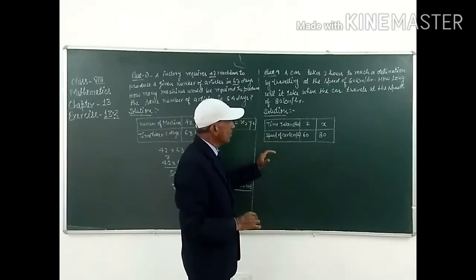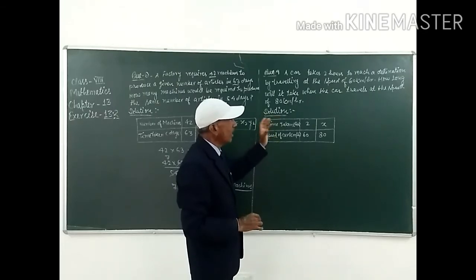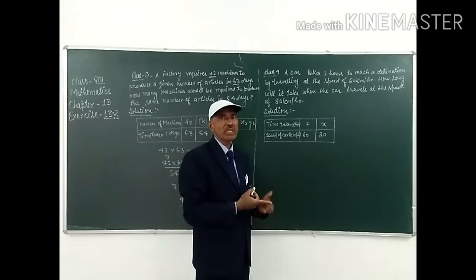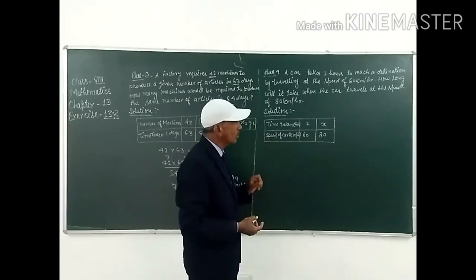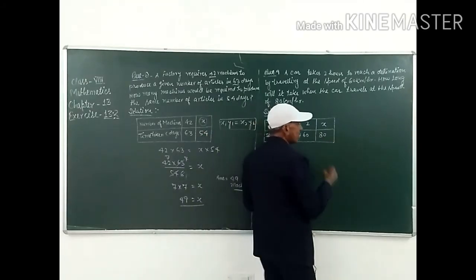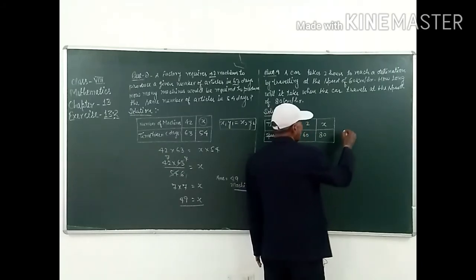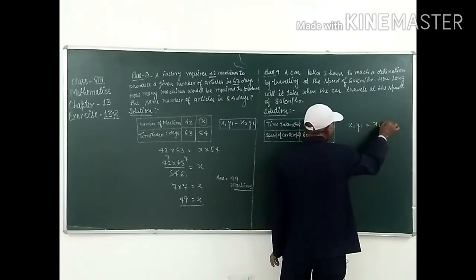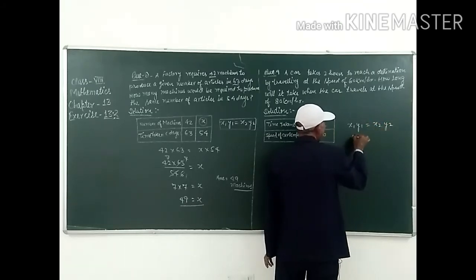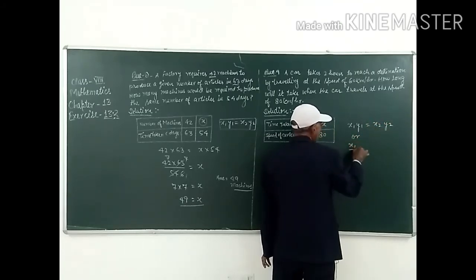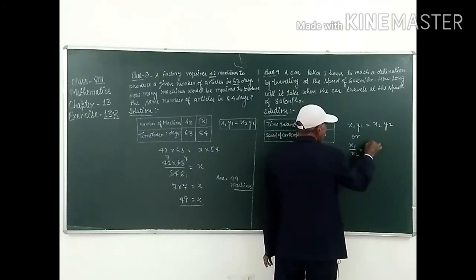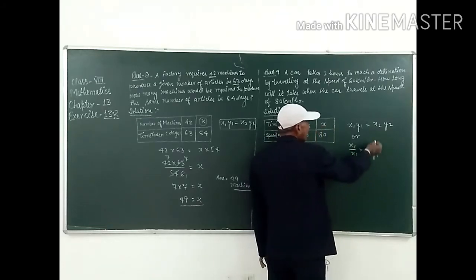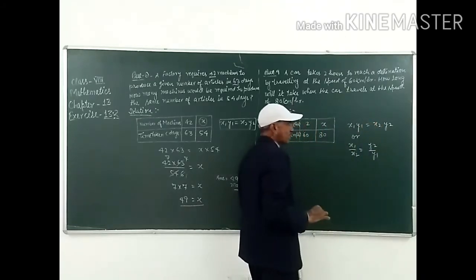So, students, we already know that time and speed are inversely proportional to each other. So we have to use the formula related to inverse proportion. So x1 y1 is equal to x2 y2, or we can use x1 upon x2 is equal to y2 upon y1. Clear, students? This is the same formula.